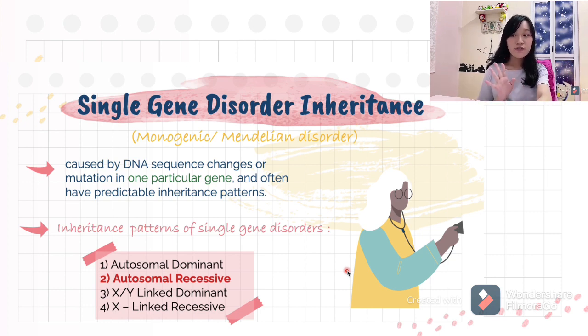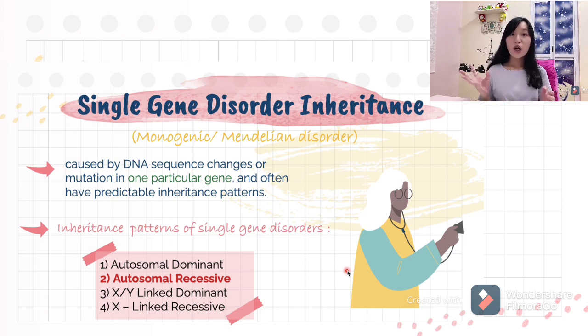Among these 5 types, thalassemia is categorized as a single gene disorder. This is because a single gene disorder is caused by a DNA sequence change or a mutation on one particular gene pair, and in this single gene disorder we can often predict the inheritance pattern in the next generation.